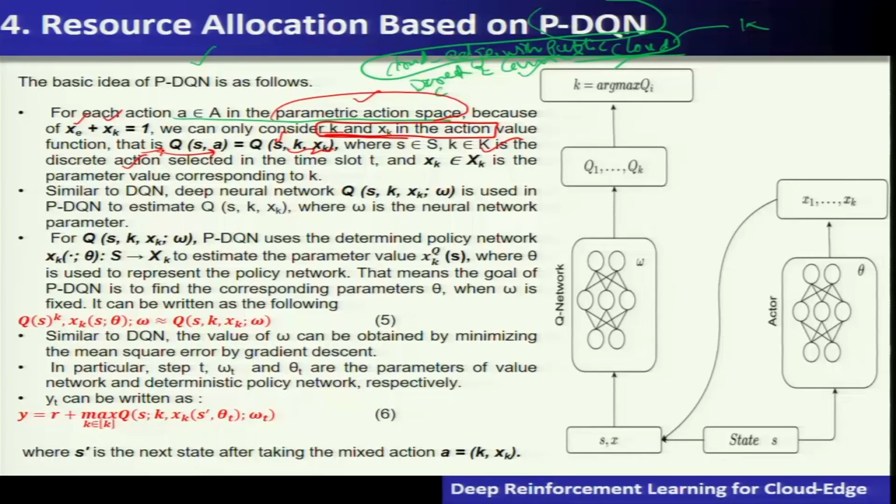That means a discrete action is selected at a time slot, and this particular allocation, that is xk, is based on that parameter value that corresponds to k.